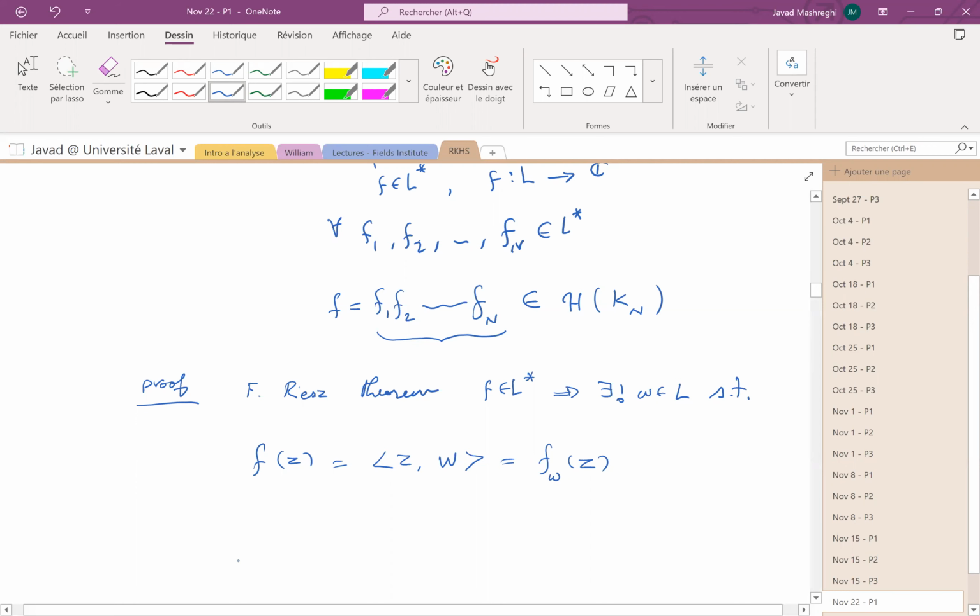So it is enough to show that if omega 1 up to omega n in L are given, then F_omega1, F_omega2, up to F_omegan, multiplied together, is in H of K_n. This is our goal. We want to show this.